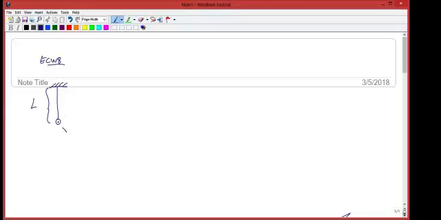The mass is entirely on the object attached to the string. And they're telling us that we're going to displace this pendulum by an angle of 30 degrees with respect to the vertical, and we're going to release it from rest.